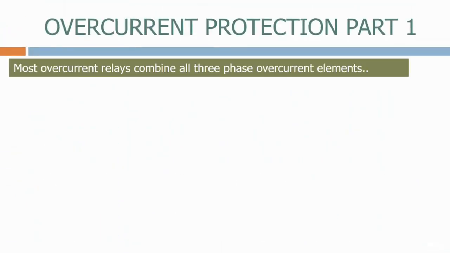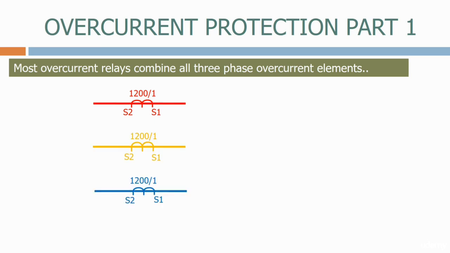Most overcurrent relays combine all three phase overcurrent elements. Let's see how the CTs are normally connected. Firstly, we have a red phase 1200 to 1 CT. We have a yellow phase CT and a blue phase CT.